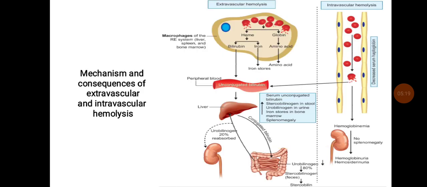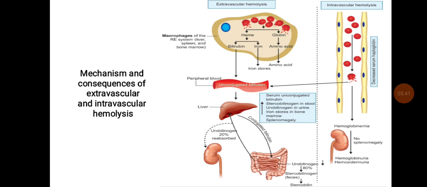So this is what happens in extravascular hemolysis and intravascular hemolysis. In extravascular hemolysis, in the macrophage, the hemoglobin gets converted into heme. Heme gets converted into bilirubin, which circulates in the unconjugated form with albumin.